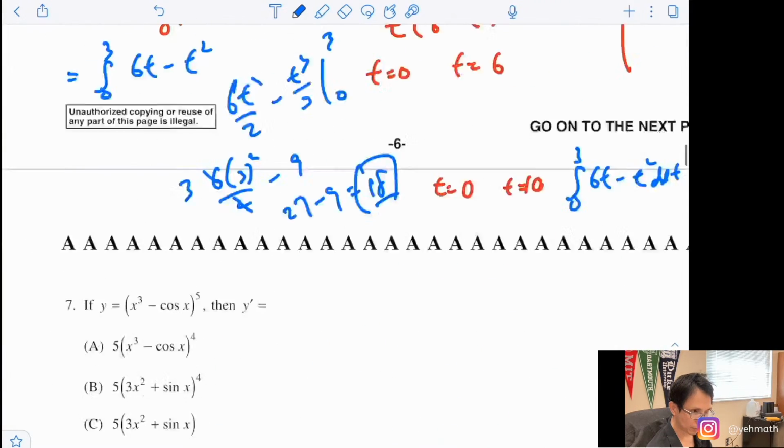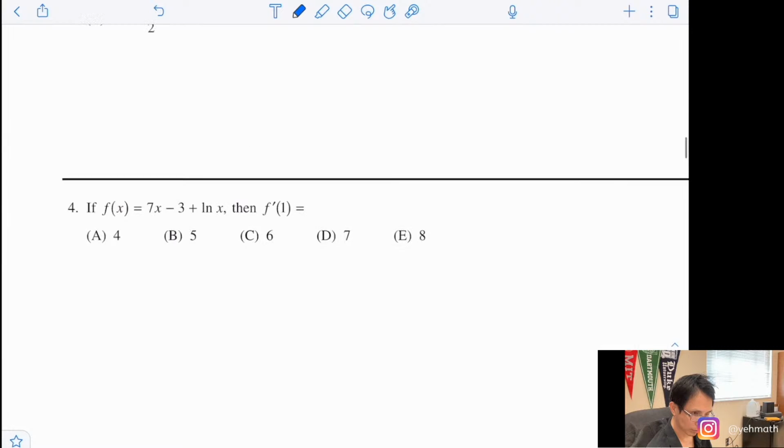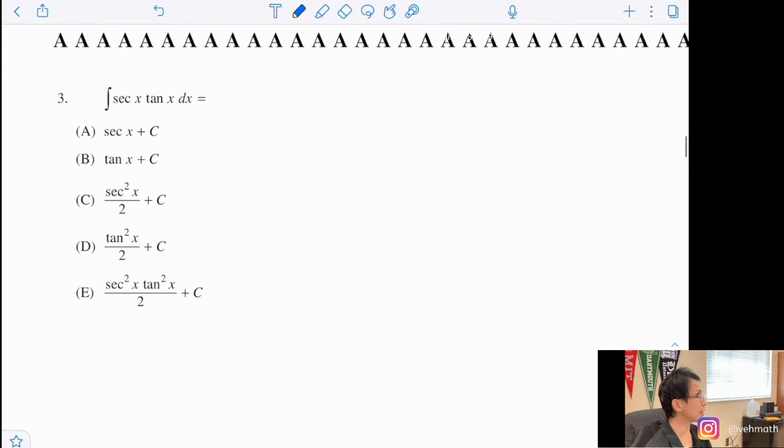3, sure. Okay, listen, I got it wrong. I didn't know how to do it. 3 is secant tan. Yeah, plus 50 because of the initial condition. What's the derivative of something that is going to give you secant tan?